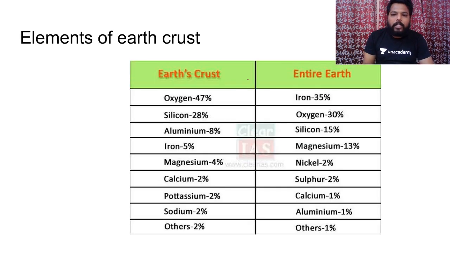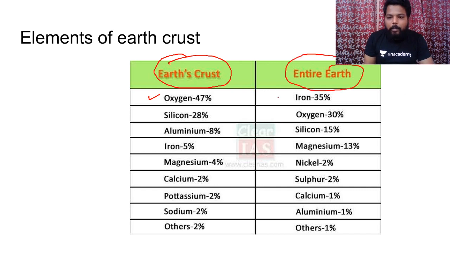Regarding the elements present in the earth's crust, if you see only the crust, oxygen is dominant, and if you see the entire earth, it is iron which is dominant. We have the maximum content of iron, mostly in the inner core. Because of the presence of iron in the inner portion of the earth, the earth's magnetic field has been developed.